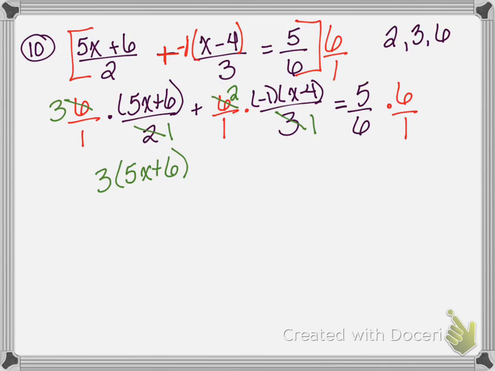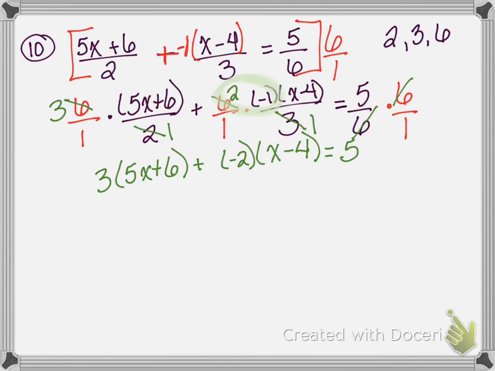Now, 2 times negative 1, because I'm going to have to distribute a negative, gives me negative 2. So I've dealt with my negative, and then I combined these so that I know what I'm distributing. So then I am multiplying negative 2 times x minus 4. And then over here, I'm left with 5.